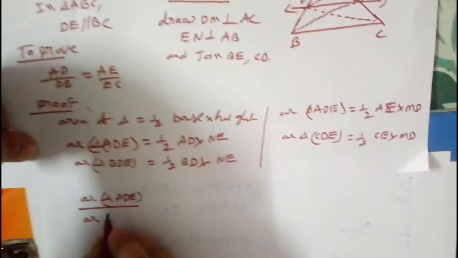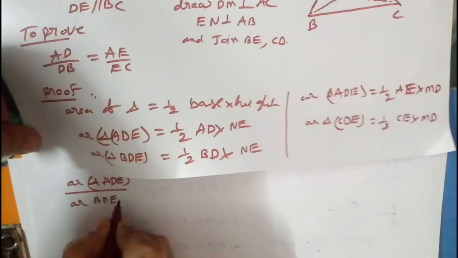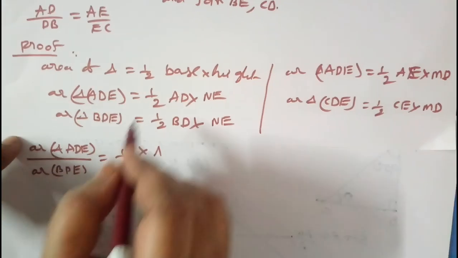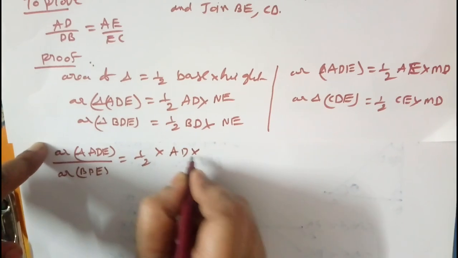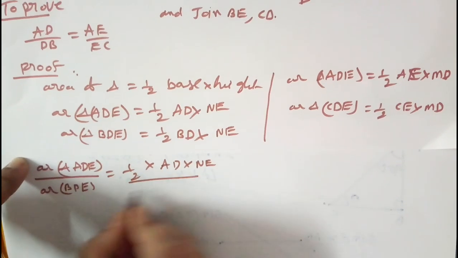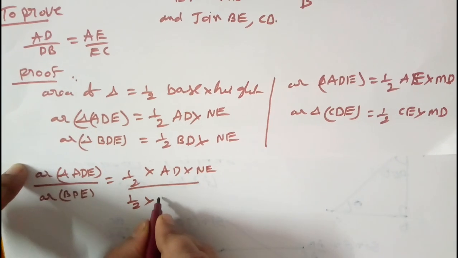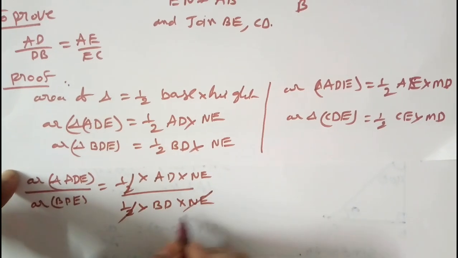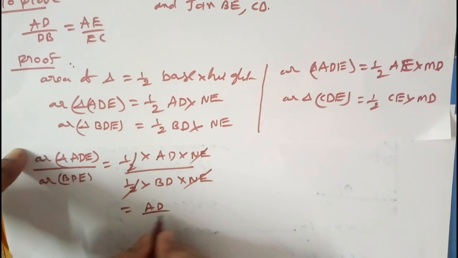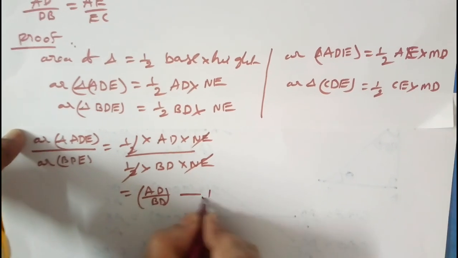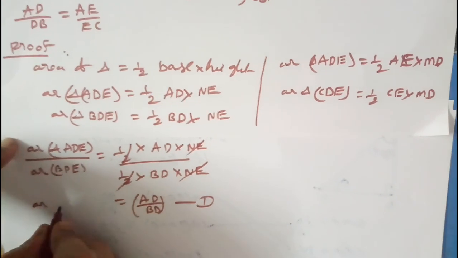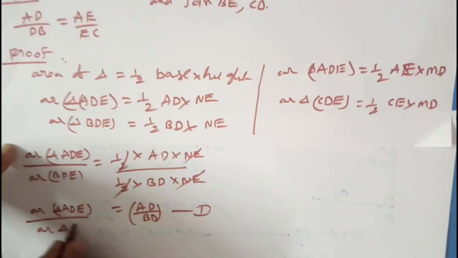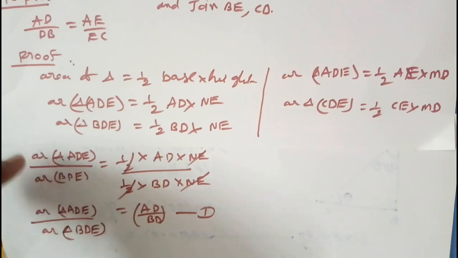So area of triangle ADE is equal to half AD into NE by half BD into NE. Half cancel, NE cancel. So AD by BD. So that is equation 1. Area of ADE by area of triangle BDE is equal to AD by BD.